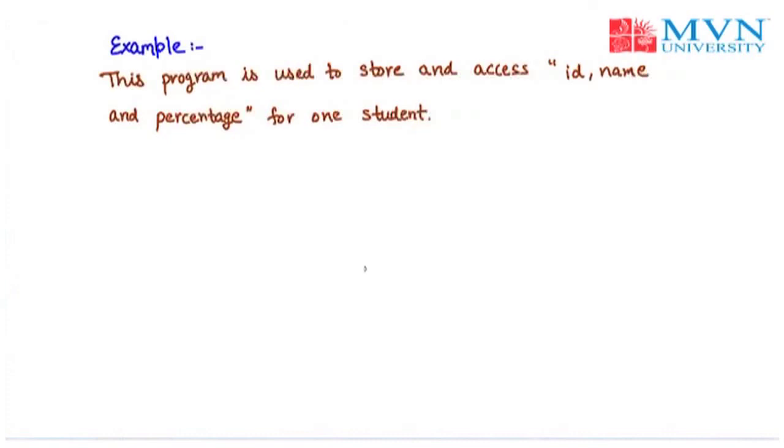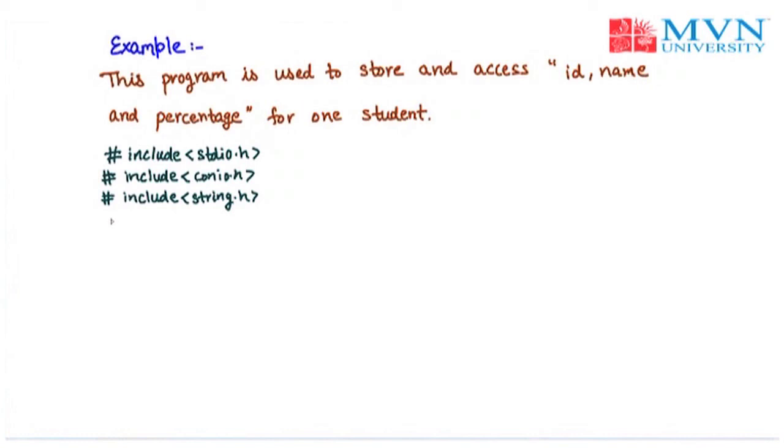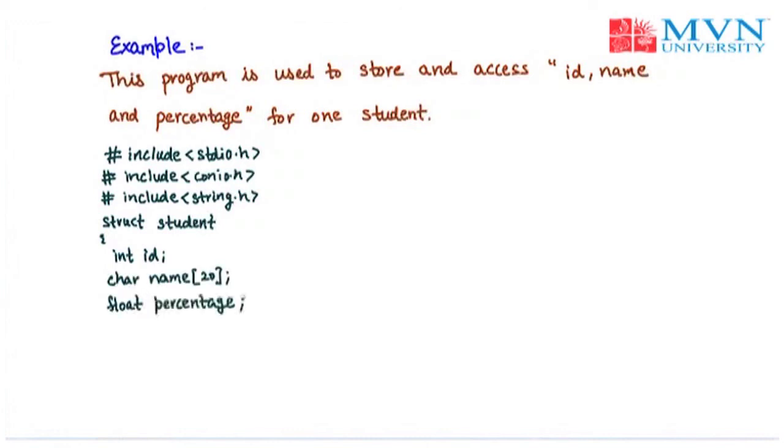First, in this program, include the header files, that is #include stdio.h, #include conio.h and #include string.h. Create a structure with the keyword struct. The name of the structure is student. Here I am taking three members: int id, char name and float percentage. Close the structure with the semicolon.